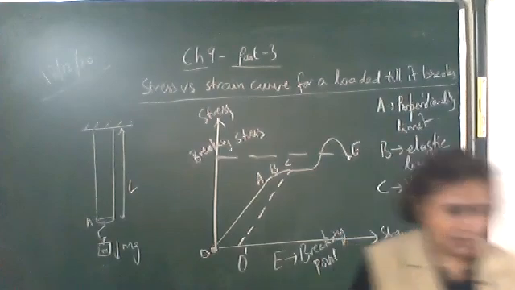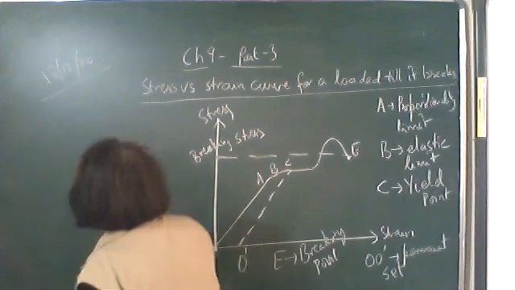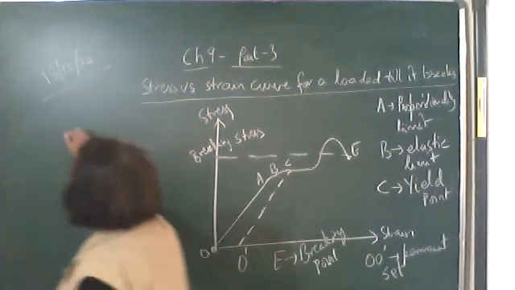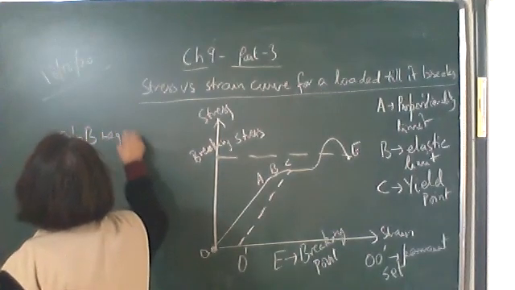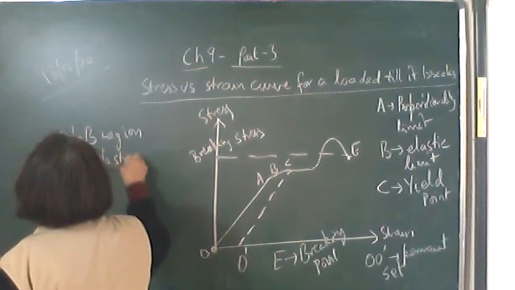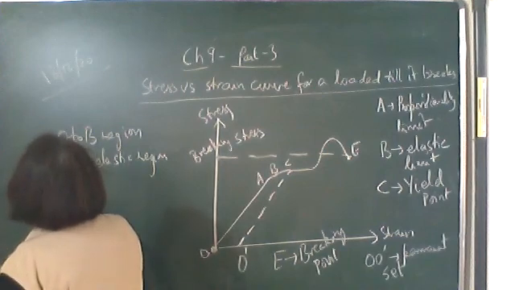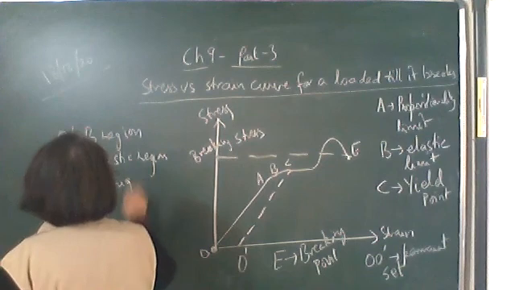It doesn't have the property of elasticity. So the O to B region is called the elastic region, and beyond that, the B to E region is called the plastic region.